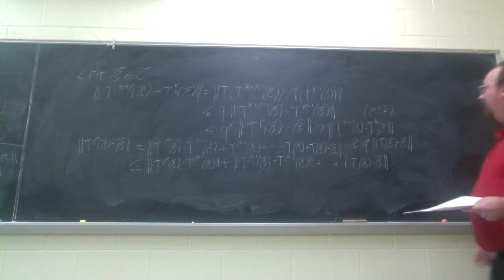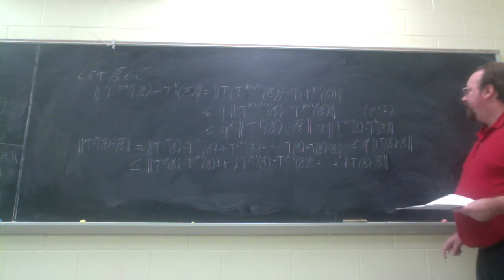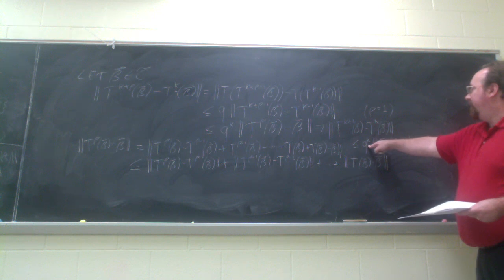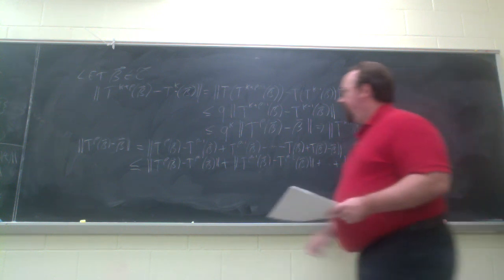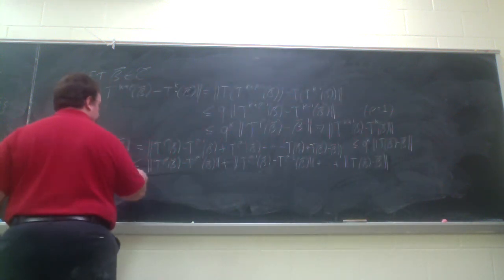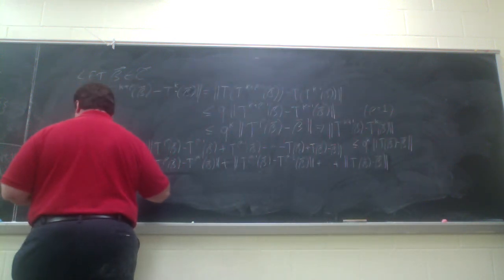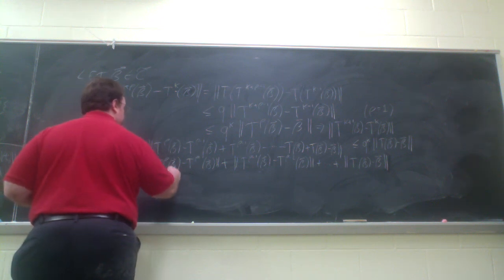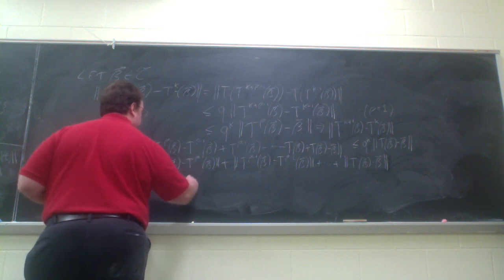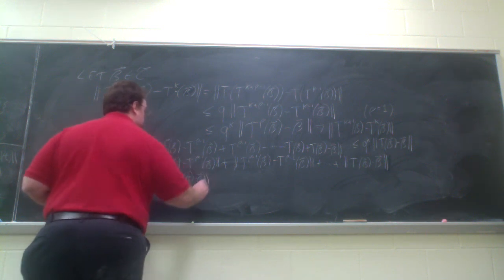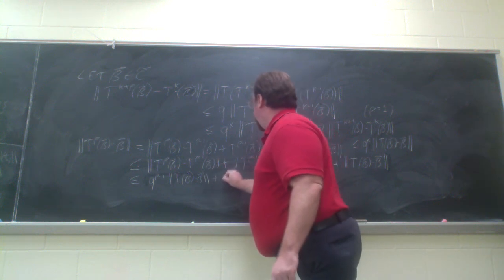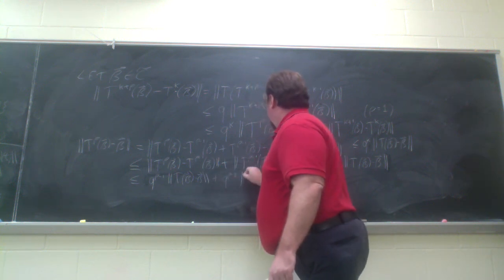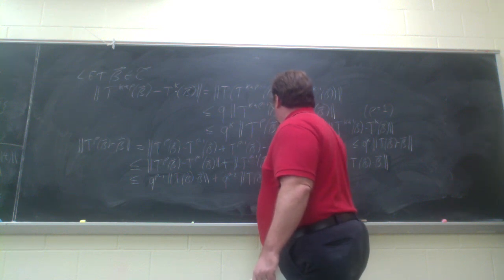Now, I can use this result in each one of these terms. So for instance, this first one is less than or equal to q to the p minus 1 times t of beta minus beta. The next one is less than or equal to q to the p minus 2 times t of beta minus beta.